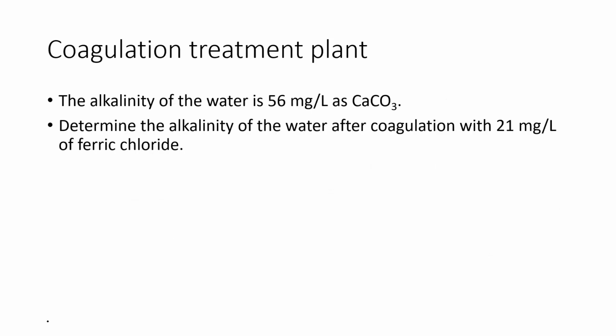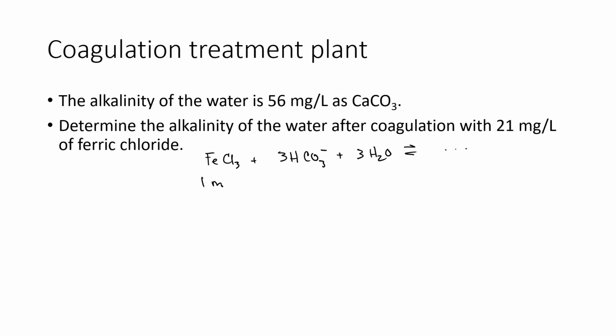The last thing I asked you to do was to calculate the alkalinity of the water after coagulation. So we have ferric chloride plus, it's consuming 3 moles of bicarbonate plus 3 moles of water. This is the part of the reaction we need to worry about.